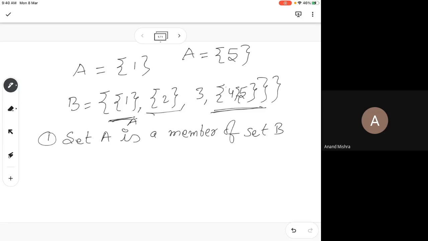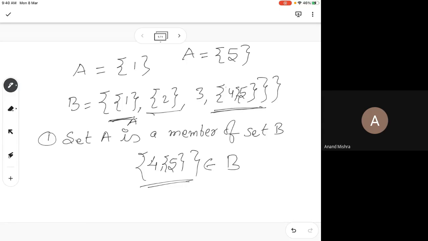So 4, 5 is a member, but not 5. This set is a member of B, not individual 4 and 5, right? So Survi is right there. Yeah, and Vikas as well. Yes. Okay, so the set A is a member of B, set B is a different concept.